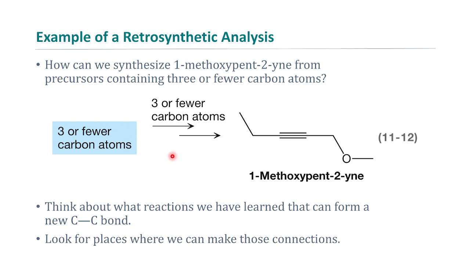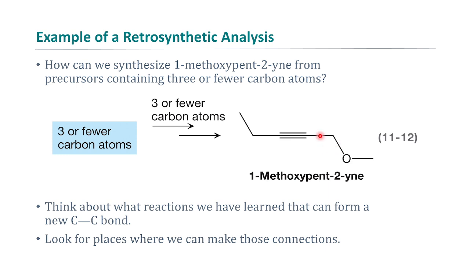Okay. And so these are going to be reactions we have learned that can form these new carbon-carbon bonds here. Notice that this is 1, 2, 3 here, and this is 1, 2, 3 here. So we already have fairly small chains that we could assemble into this. Now we just have to ask, how can we make these bonds?